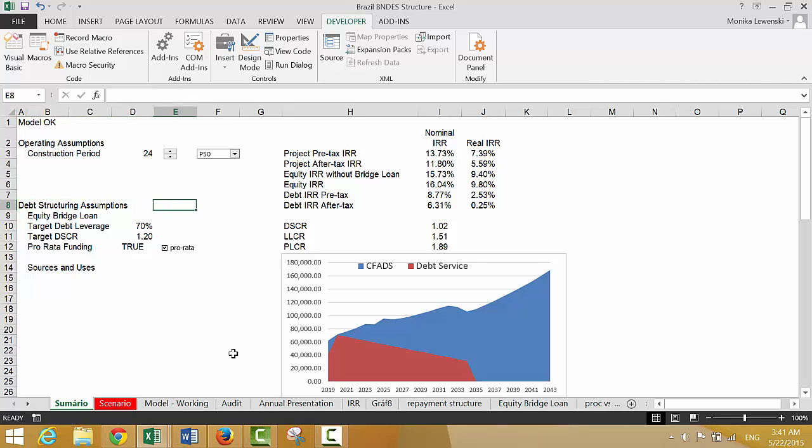And now I guess I had enough with the equity bridge loan. Somehow we had enough to do this. So let's put our sources and uses just below here, and let's put interest capitalized.